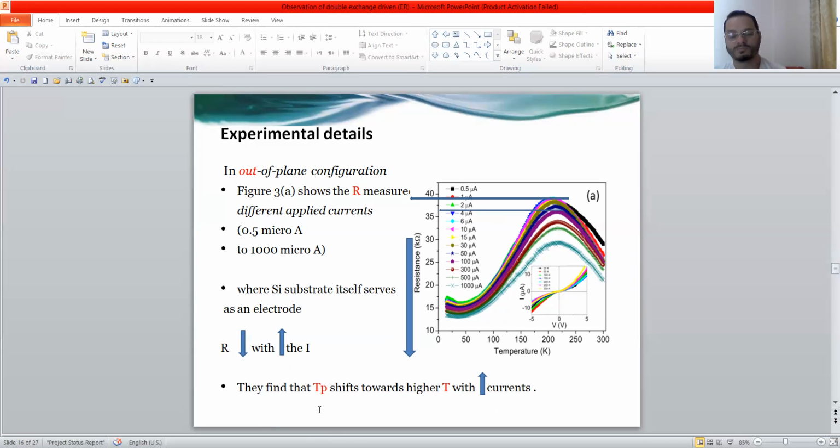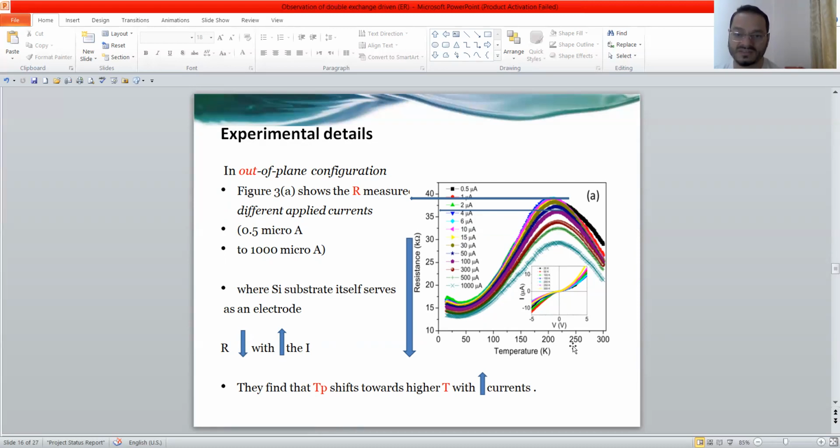Like I said before, peak means the maximum value, the maximum point. Here, the author said the peak temperature, the peak value of this transition point, will be at higher temperature, not at lower temperature.